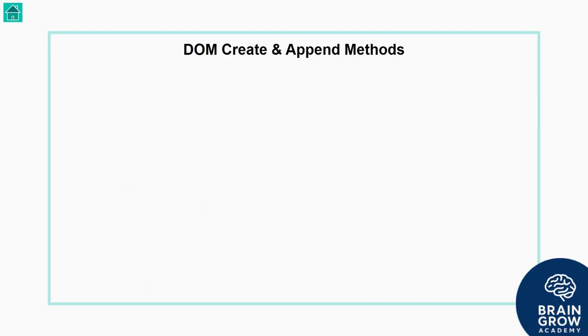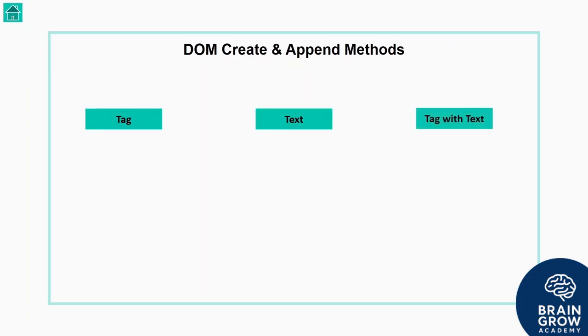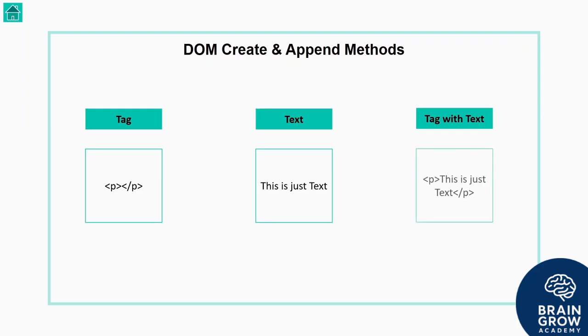So in this procedure we have the first tag, then the text, and after that text with tag, just as in our previous lecture, where we make a paragraph and add a text in it.